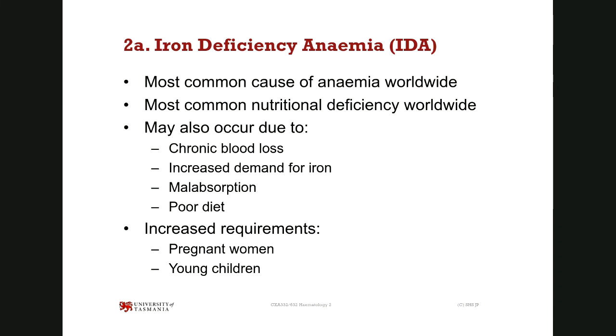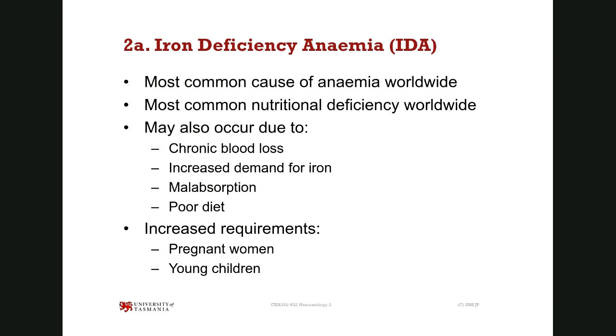So iron deficiency anemia. This should be very common to all of you because we talk about it a lot in both haematology 1 and haematology 2, and also in other units as well. So you should be able to bring all of that information together to answer any questions that are asked about iron deficiency and iron deficiency anemia.